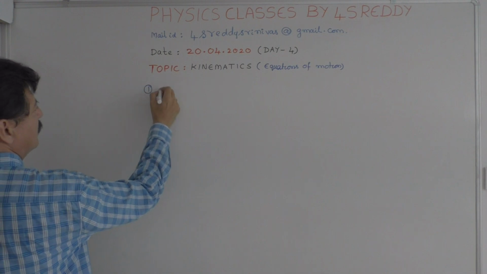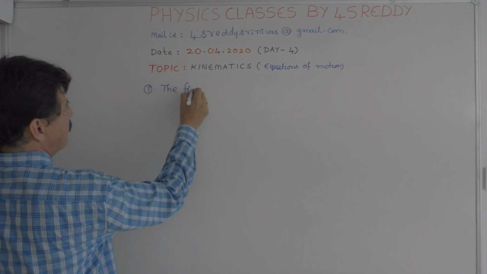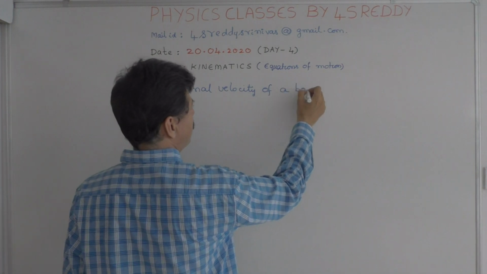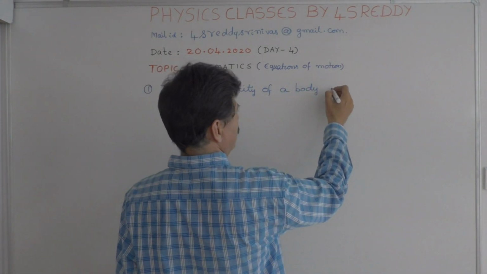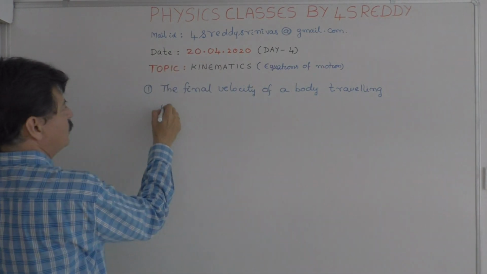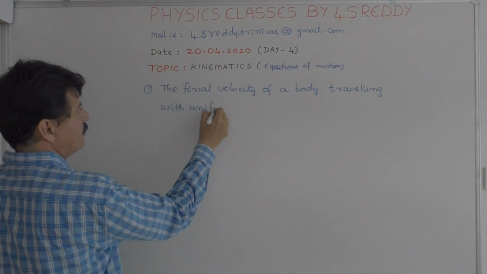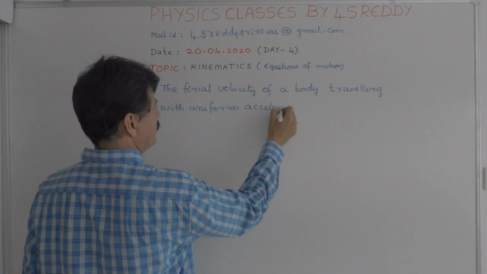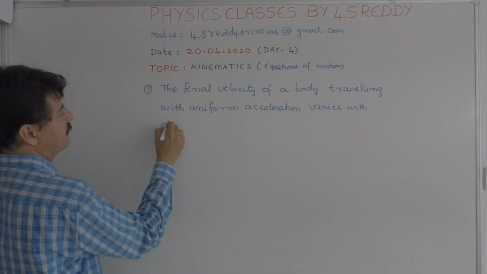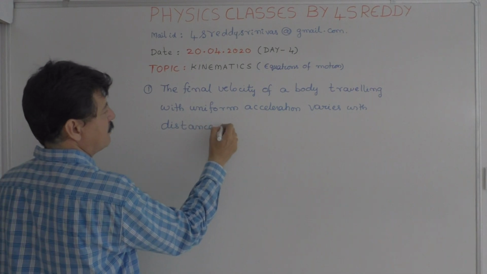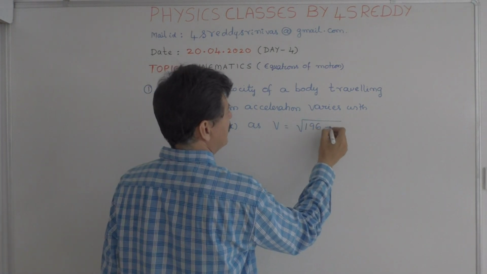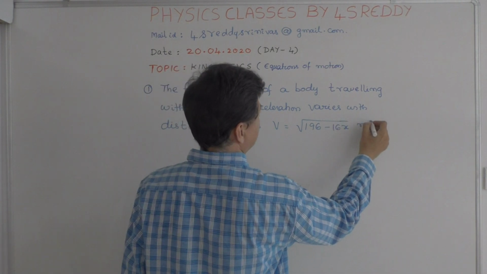The final velocity of a body traveling with uniform acceleration varies with the distance x as v is equal to root of 196 minus 16x meters per second.